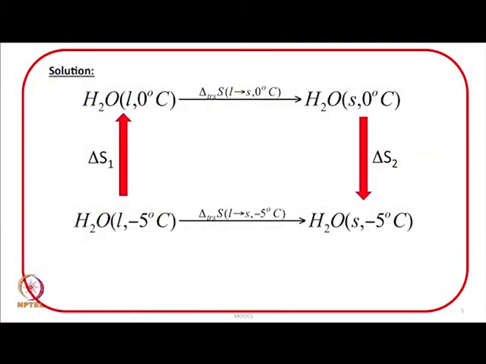Let us try to understand this cycle very, very carefully. This is the desired process. This is the asked question: water, liquid form at minus 5 degrees Celsius, is freezing at minus 5 degrees Celsius.